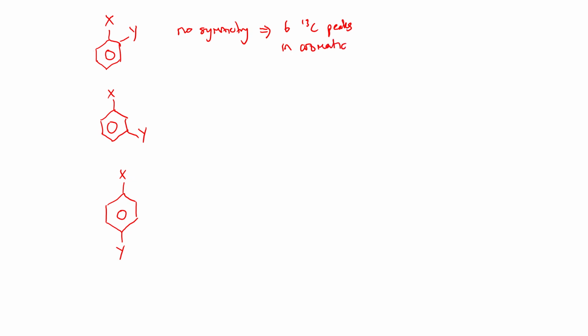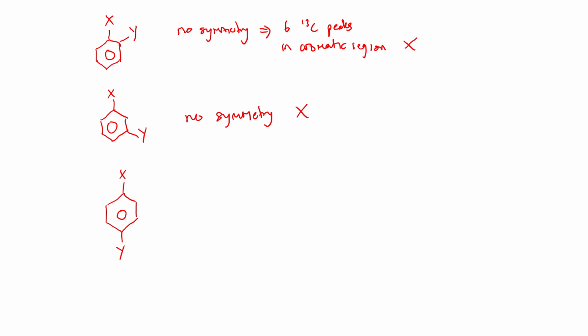And we don't have that. So that's not our arrangement. In the second case, again, you can see that having two different groups X and Y means no symmetry. So again, that can't be our case because we haven't got enough C13 peaks to fit that. So again, we can exclude that one.